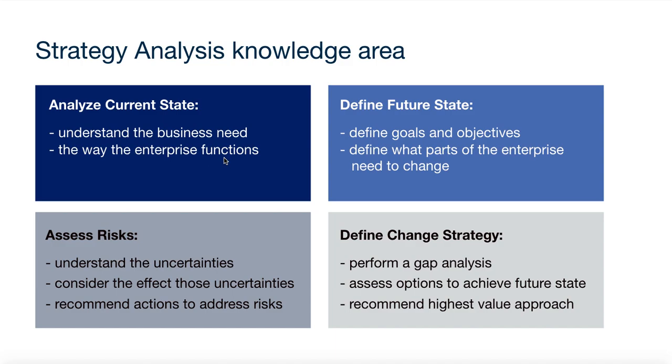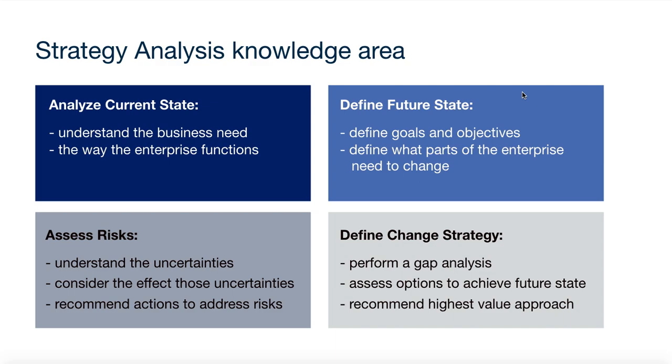So when you understand the business need, how the organization functions in that particular period, and how the business is not able to achieve that business need, then only this sets a context and a base for you to understand the as-is state, where we are.